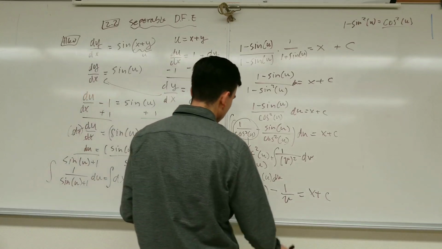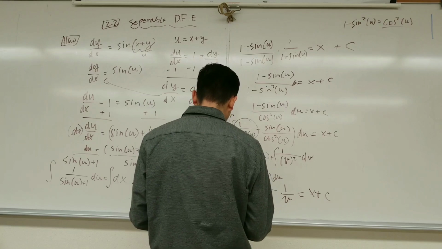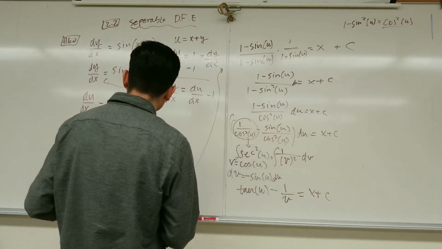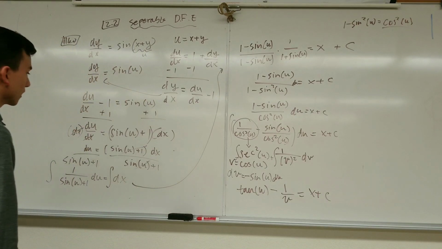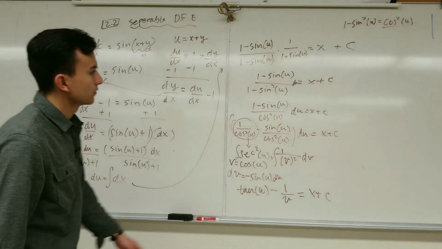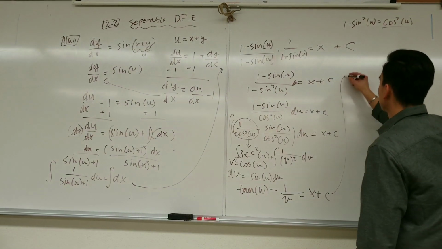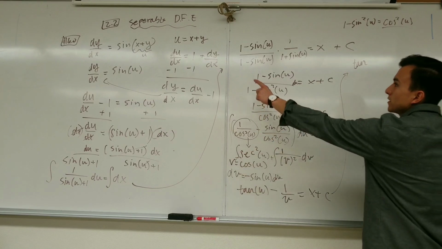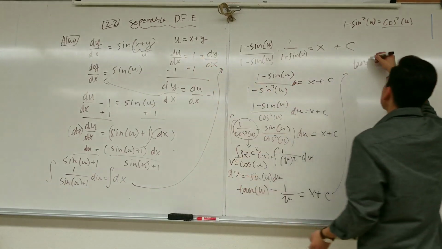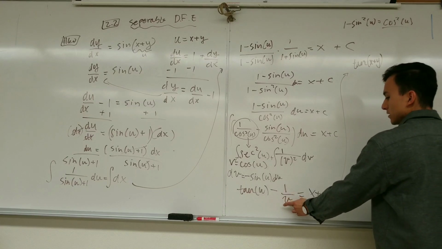And then we're done right there. So we need to go back and input all our u's. Okay, so this tan u is going to become tangent of x plus y minus 1 over v.